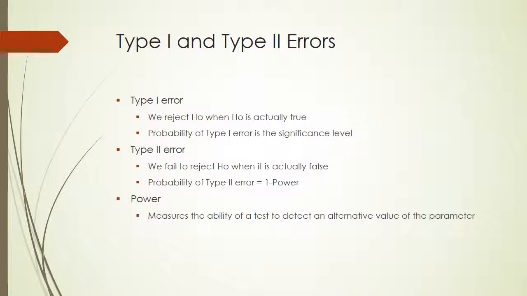And the probability of this would be 1 minus the power. And the power measures the ability of a test to detect an alternative value of the parameter. And the formula for power is very complicated, so generally it will just be given to you in the problem if it is needed.